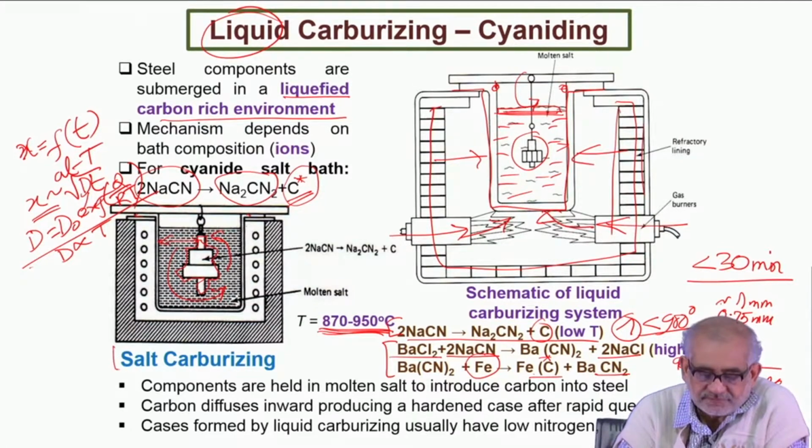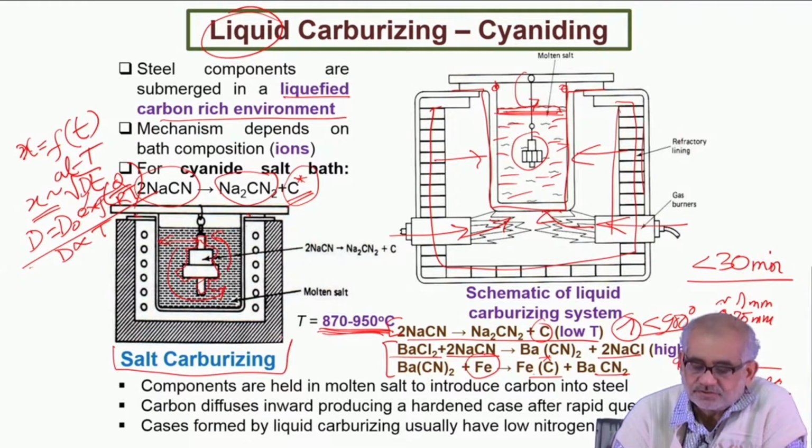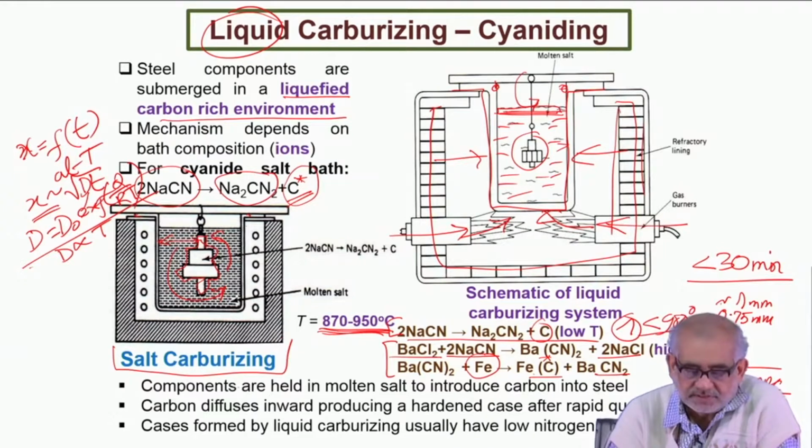So in this kind of salt carburizing or so-called cyaniding process, what we have already understood is that we have a molten salt bath and the components are dipped or immersed inside, and that's how we introduce carbon into the steel surface. The carbon diffuses inward, and enrichment of carbon produces the so-called hardened case.